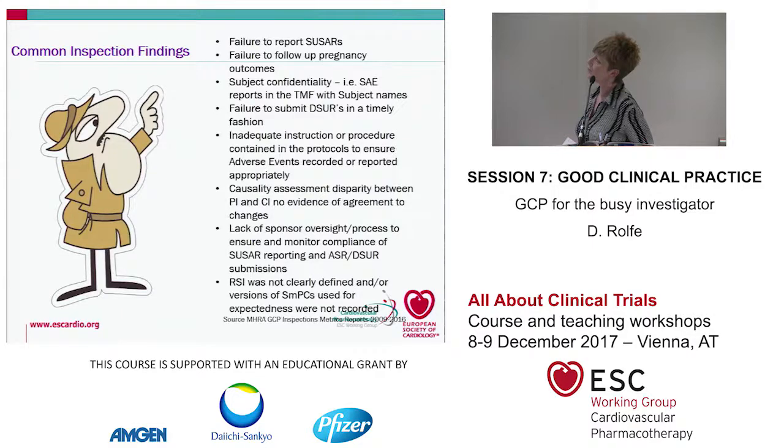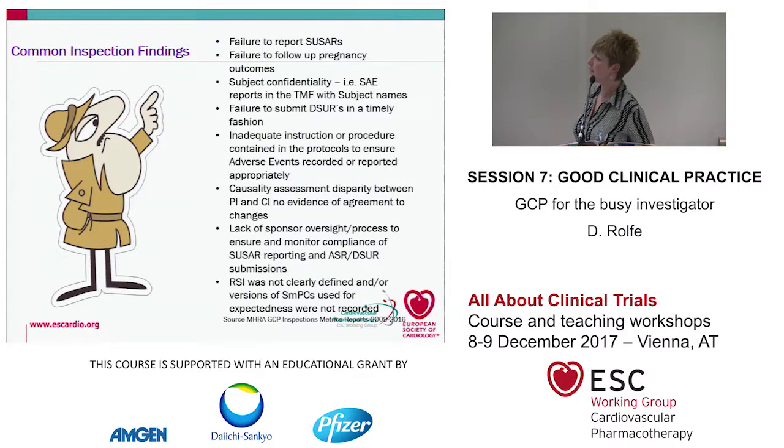Inadequate instructional procedure contained in the protocol to ensure adverse events are recorded or reported appropriately. Causality assessment disparity between the PI and CI, so there's no evidence of agreement to changes, because obviously you're always going to go with the worst case scenario, but you can down-regulate rather than up-regulate. But you need to document the disparity.